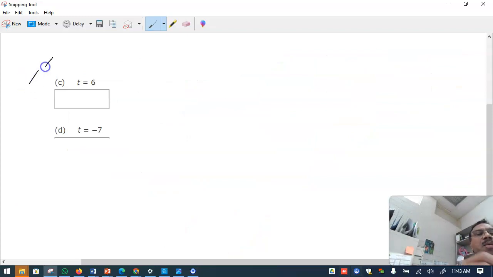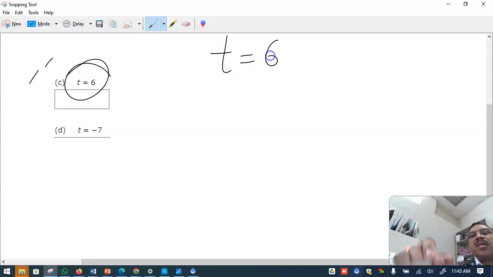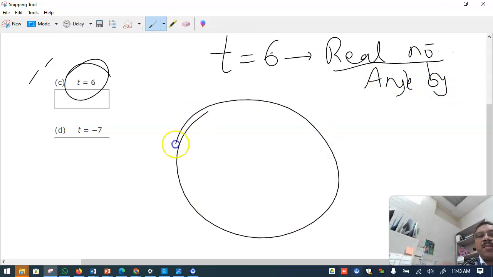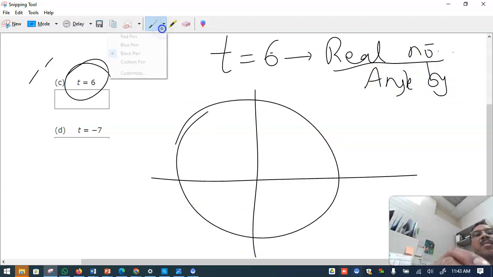So here there are two more questions. What is t equals 6 now? T equals 6 is a real number, and it actually stands for the angle made by the terminal side in the unit circle. Now, what is the meaning of 6?